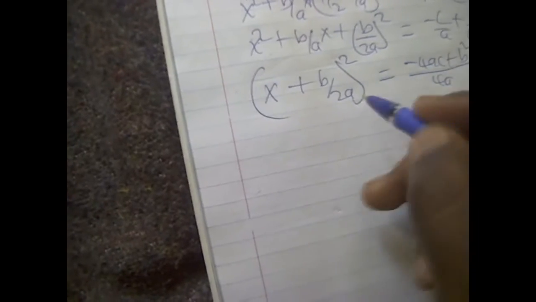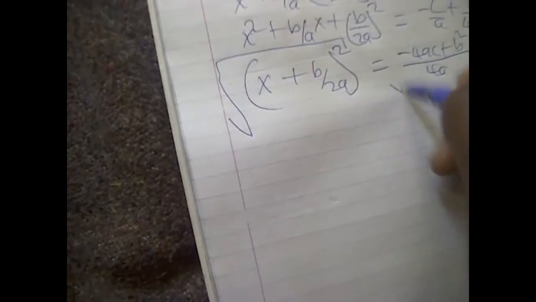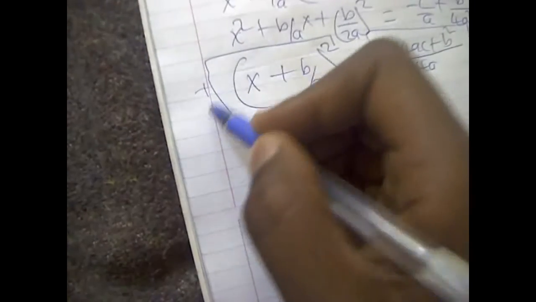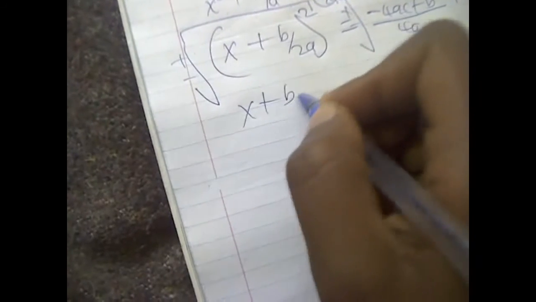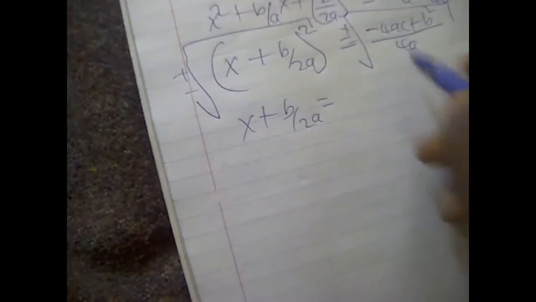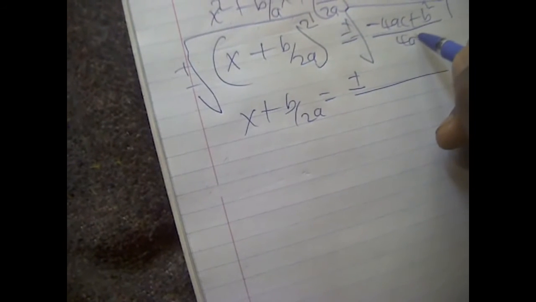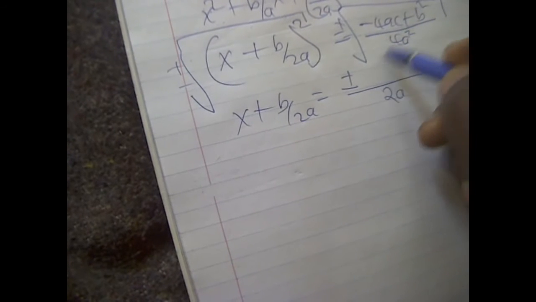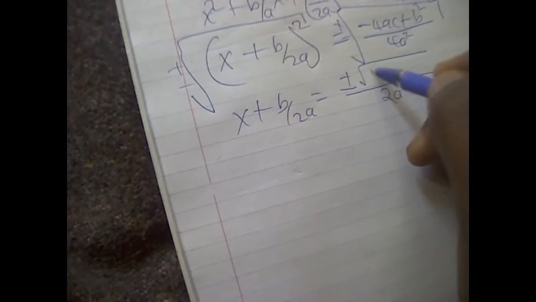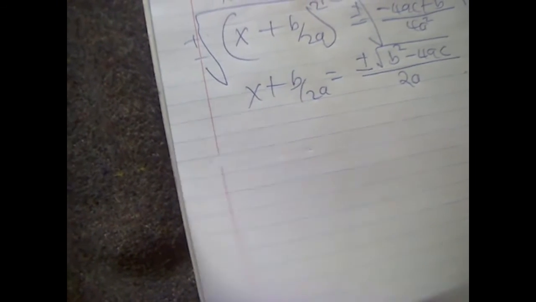After this procedure we square root both sides, so it becomes x plus b over 2a equals to plus or minus the square root of, and the square root of 4a squared is 2a, so it becomes b squared minus 4ac.